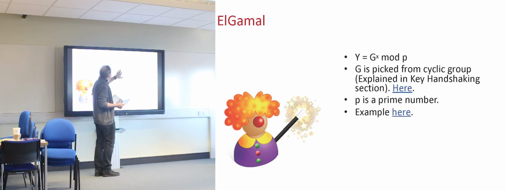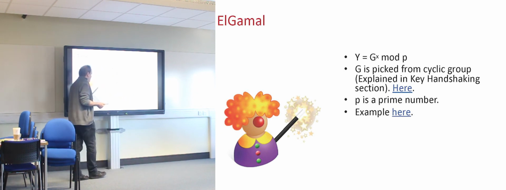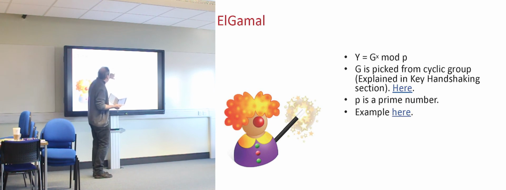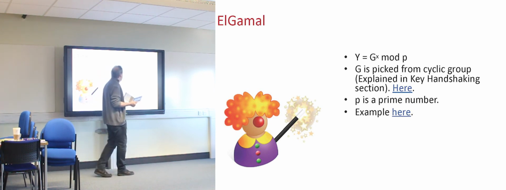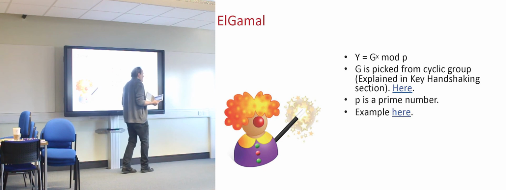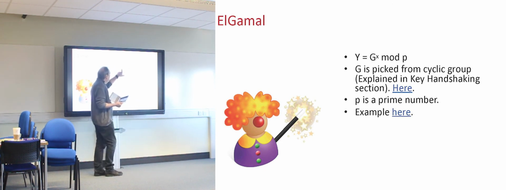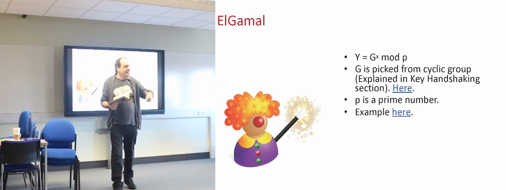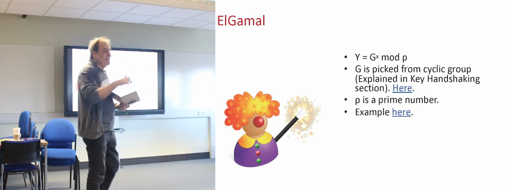we have ElGamal. You have a generator value g, an x value, mod p, and then that generates this value y here. So I'll explain this. The g value needs to be selected so that for all the values of x up to p, you will always generate a unique value of y.